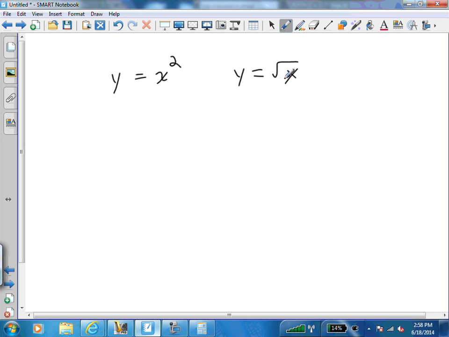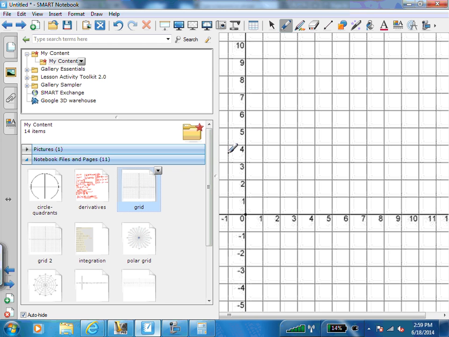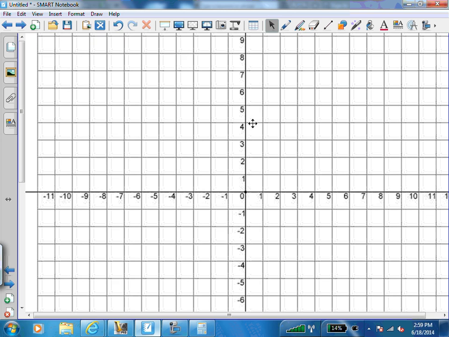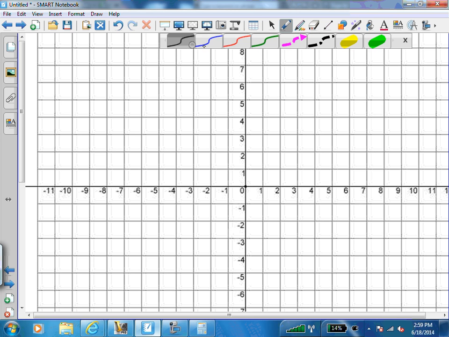Basically, that's a sideways parabola. So that's the region we're talking about. If we draw that a little larger, notice, this one is y equals x squared. This is y equals the square root of x.